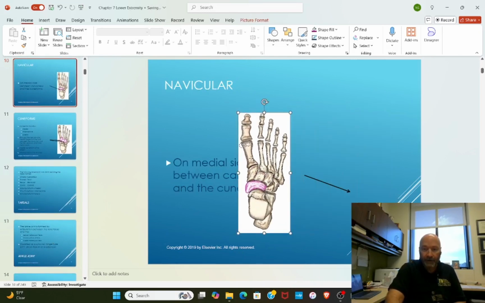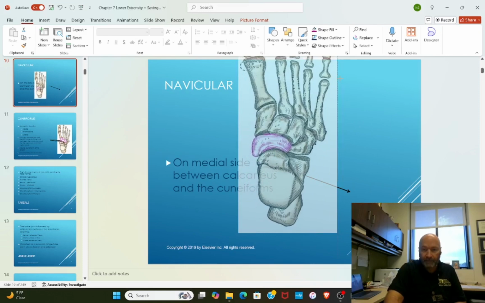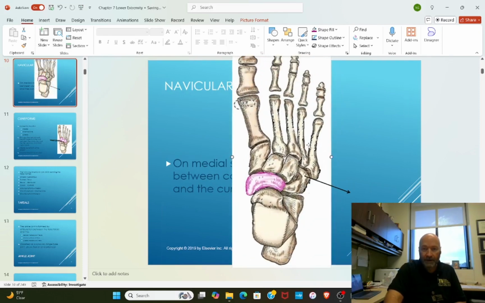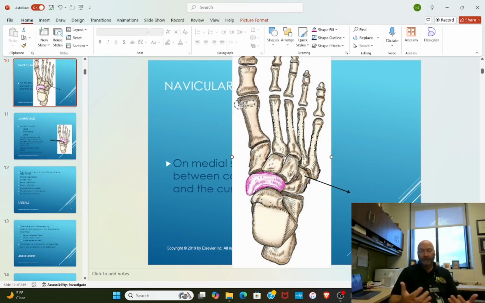I'll move it over and magnify it so that you can see where the drawings are. Those dotted lines really are supposed to represent the sesamoid bones. Again, we have sesamoid bones where we've got a joint that bends very acutely. Those sesamoid bones are there because of the bending of the great toe.